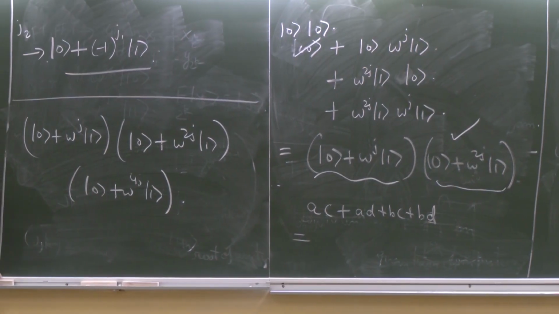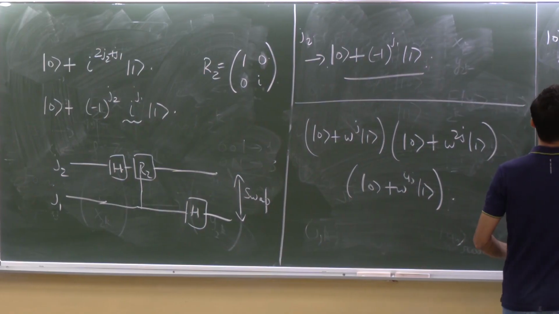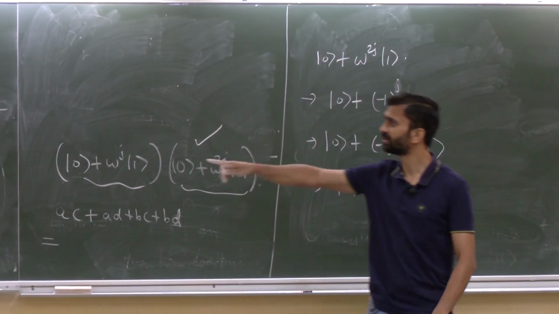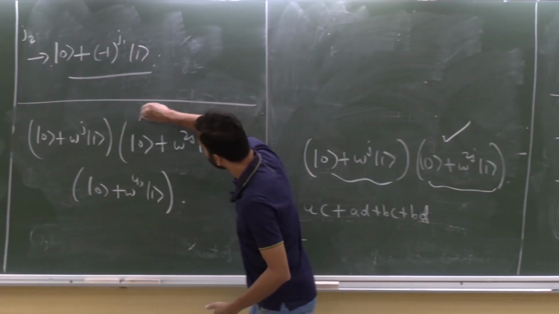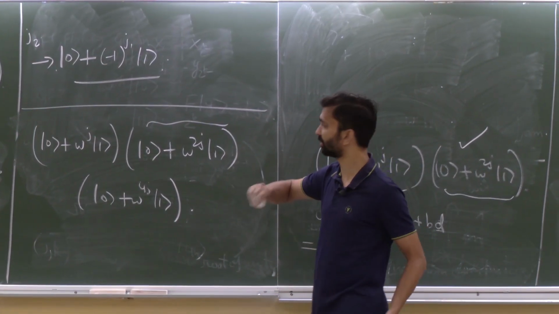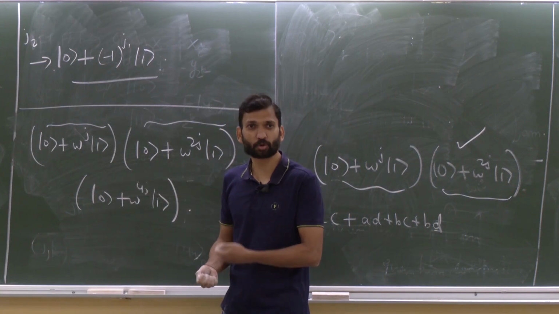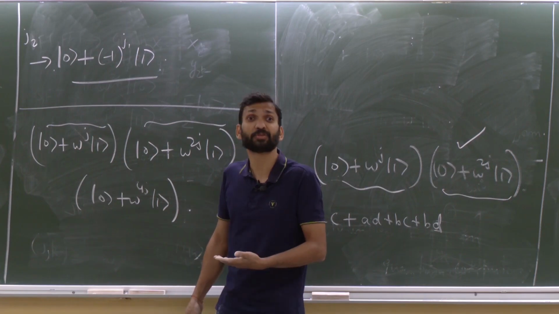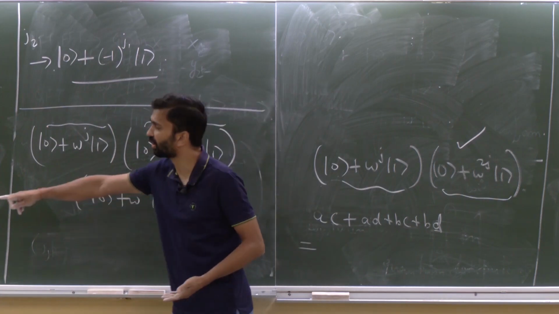For general K, the calculation is given in the notes, but this is what will happen. So for 2, is this clear? We wanted to get this state. This is very easy. This is just Hadamard on J1. This one is Hadamard on J2, and then I want to apply an extra phase of i if J1 is 1. So that's a control R2.